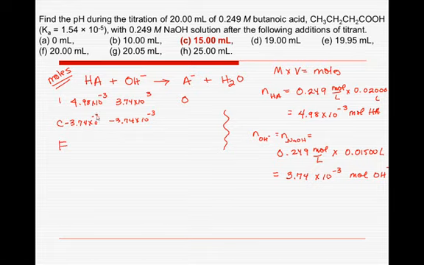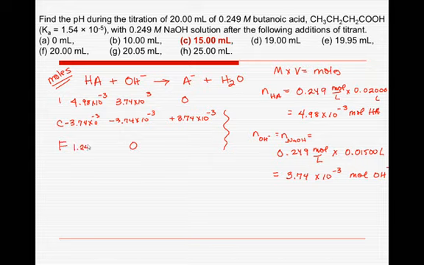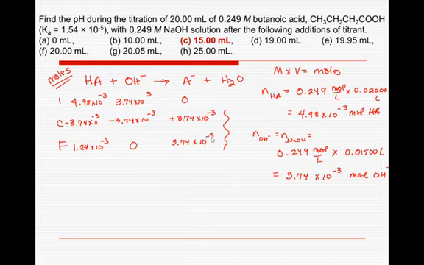We know that for every 1 mole of hydroxide you react 1 mole of HA, so these two numbers have to be the same, and you produce, according to the balanced equation, the same amount of the product. So that will give me a 0 here. I have consumed all of the hydroxide. It will leave me with 1.24 times 10 to the minus 3 moles of HA, and of course produce 3.74 times 10 to the minus 3 moles of A minus.